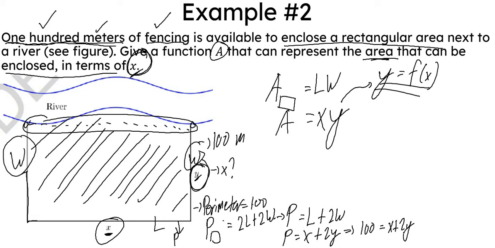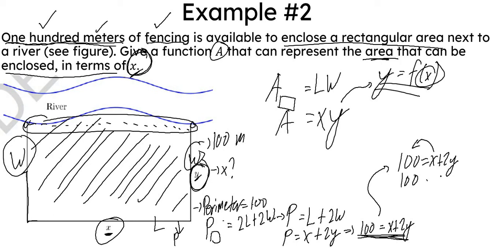Now, since we want y to be expressed as x, therefore we can solve it using this expression now. So I will now have here 100 equals x plus 2y. I want y to be an expression in terms of x. I want y alone. So I will transpose x there. So I will have 100 minus x equals 2y.